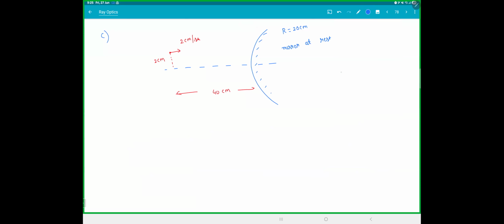I can move the mirror also here, but yeah, okay. The object is going above the principal axis. Find the velocity of the image. This would be an advanced question. Try. I'll give 2-3 minutes.